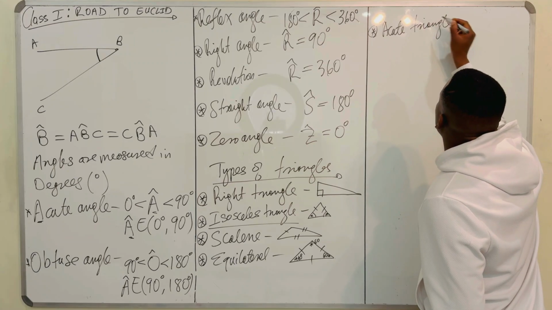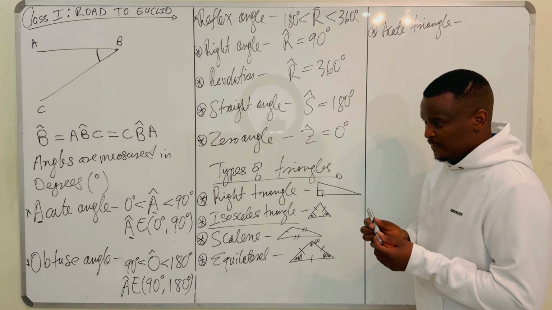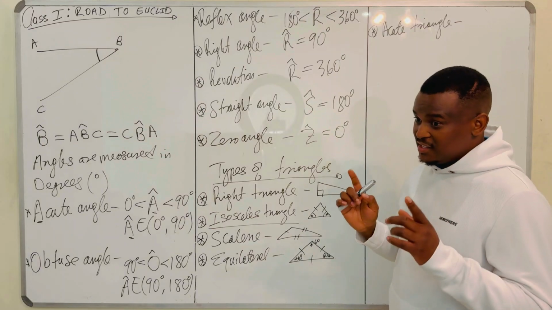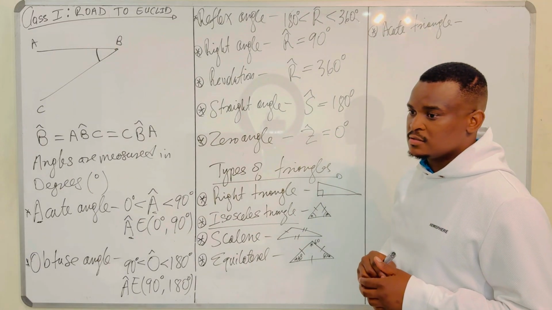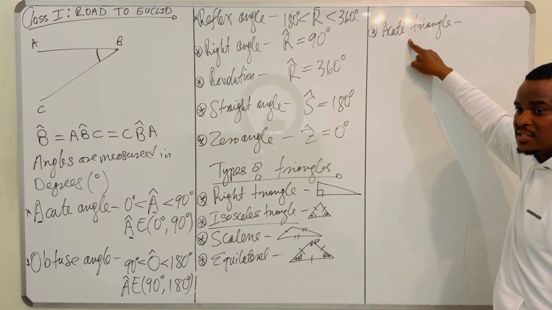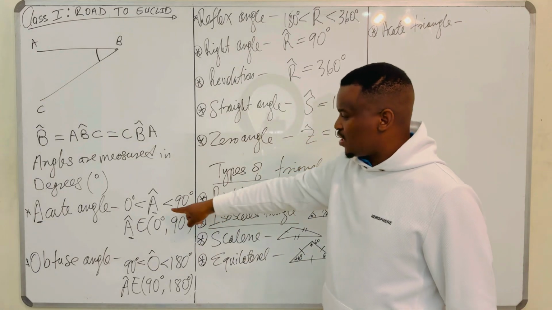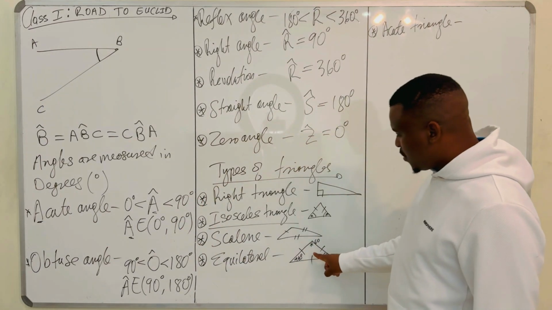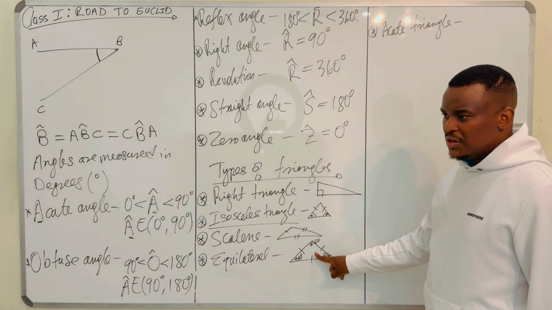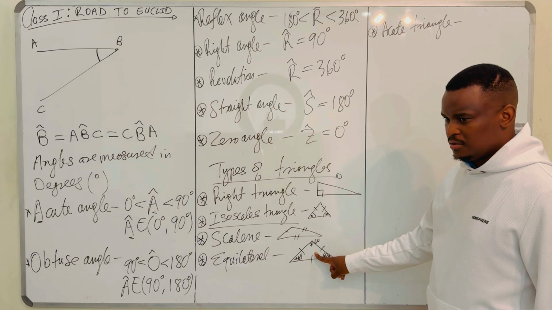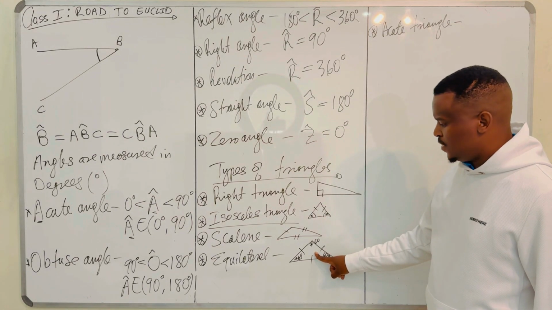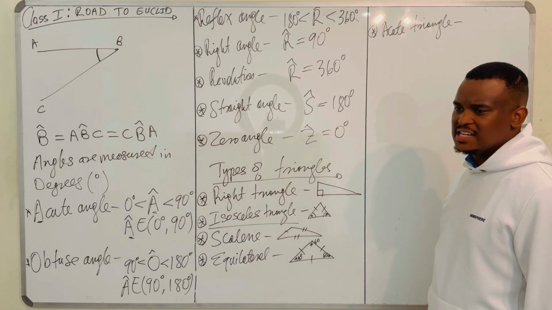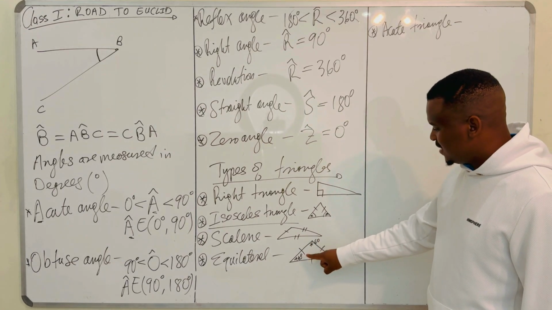It's a triangle where all the angles are acute angles, less than 90 degrees. For example, the equilateral. Can you see that your equilateral is an acute triangle? Because they are all less than 90 degrees: it's 60, 60, 60.